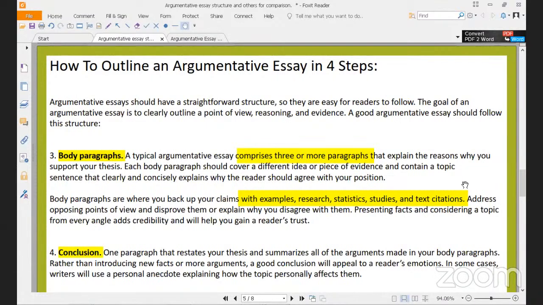Okay. Yes. So remember, and this is something very important as well. In the conclusion, you don't write about new ideas. Whatever was needed to be said, it was done in the body paragraphs.